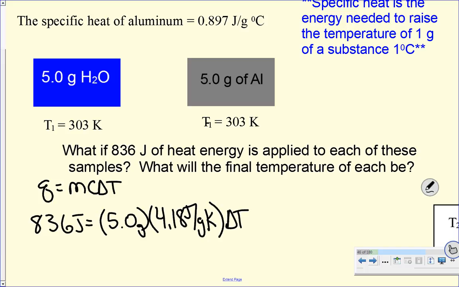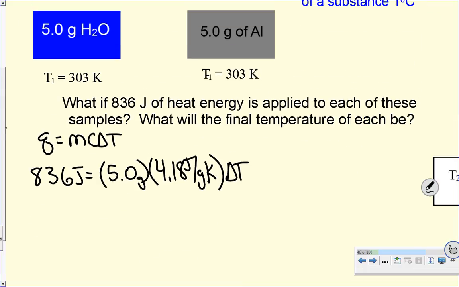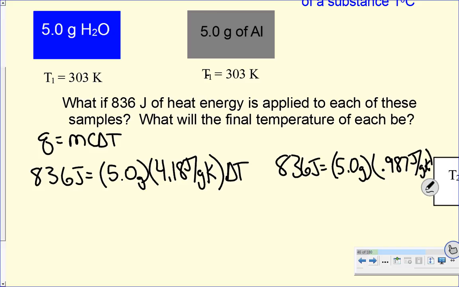My setup for my aluminum block over here is the same formula, same amount of energy that I'm putting into each of these, same mass. However, this time my specific heat is a little bit different. My specific heat for aluminum is 0.987 joules per gram Kelvin, and I'm still solving for delta T.